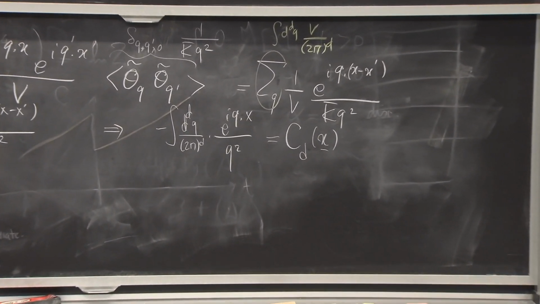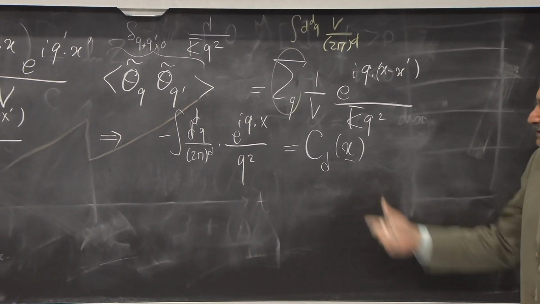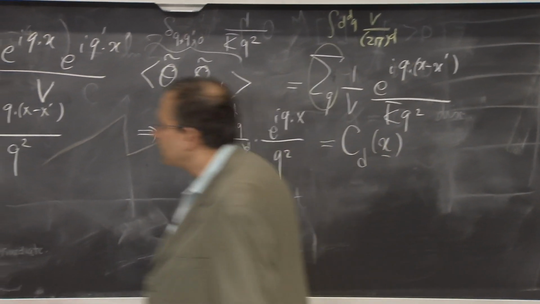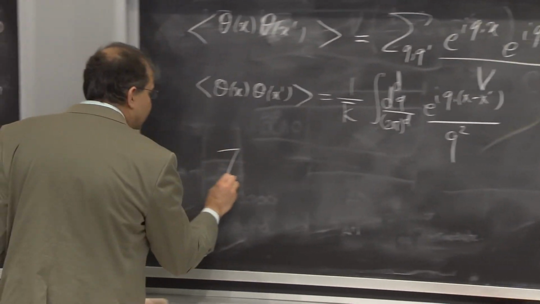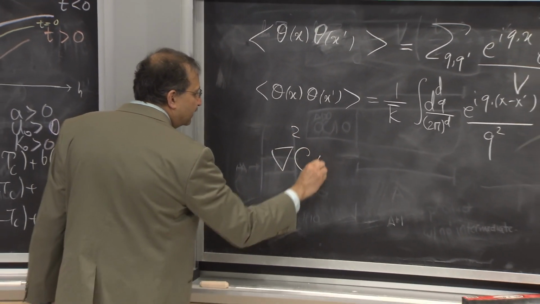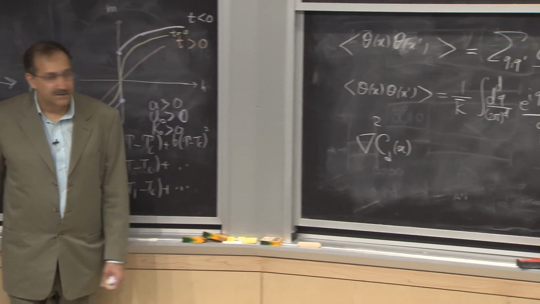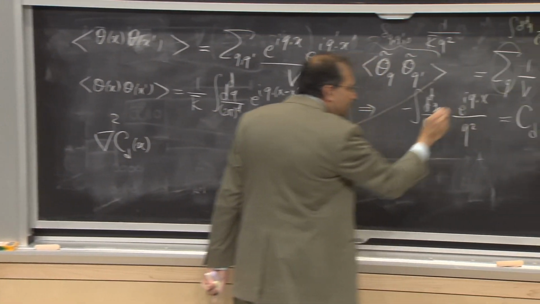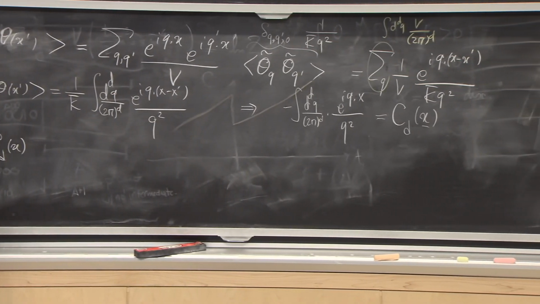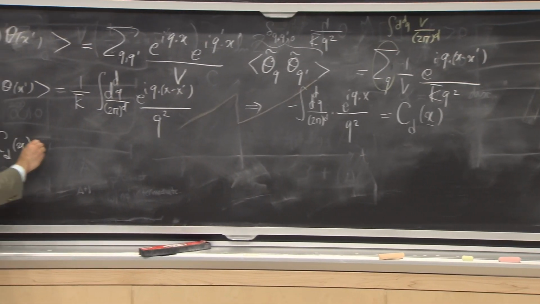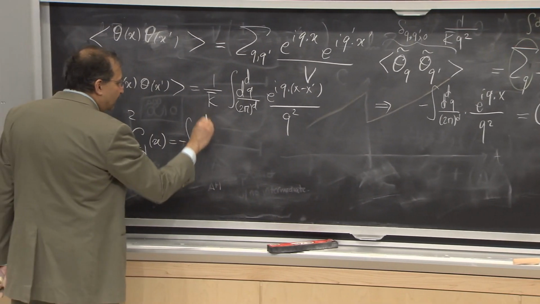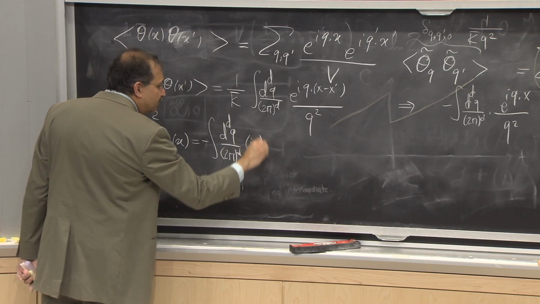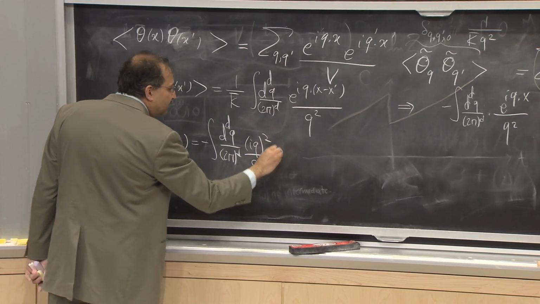And for those of you who haven't seen this, the reason this is the Coulomb potential is because if I take 2 derivatives and construct the Laplacian of that function, so I take 2 derivatives with respect to x here, the 2 derivatives will go inside the integral, and what they do is they bring down 2 factors of iq divided by q squared.